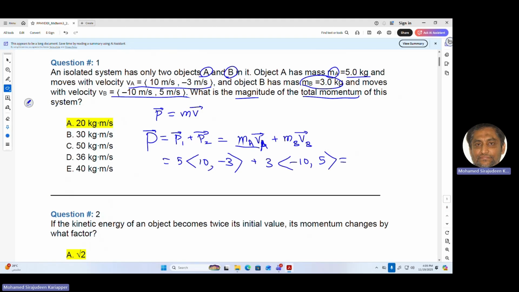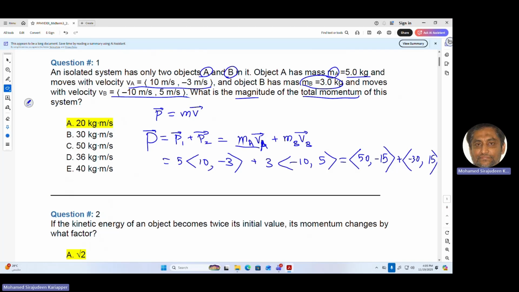So this is a scalar and a vector, so it goes in. Each component is multiplied by that scalar. So 5 into 10 is 50, and 5 into negative 3 is minus 15, plus 3 into negative 10, which is minus 30, and 3 into 5 is plus 15.